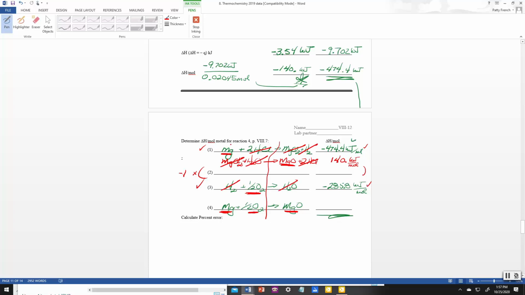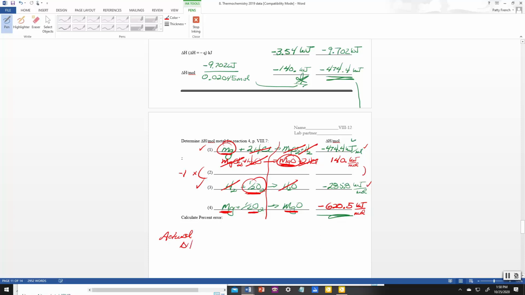And I end up only with magnesium, a half oxygen, and magnesium oxide. And that's exactly what I need for the target reaction. So now I'm going to sum all of this up, and when I do, I get -620.5 kilojoules per mole.